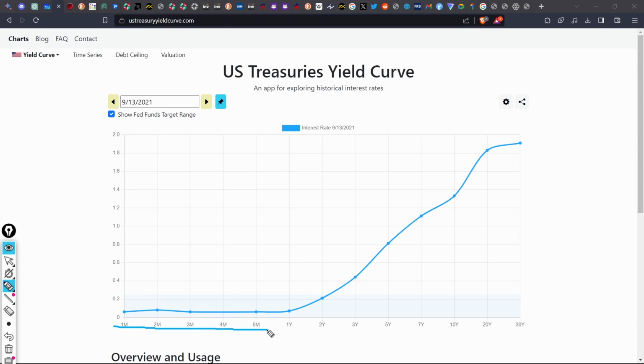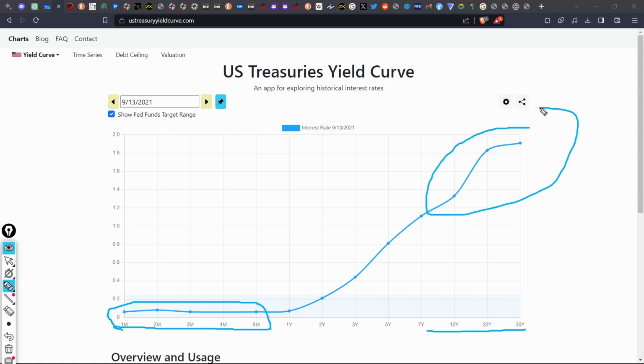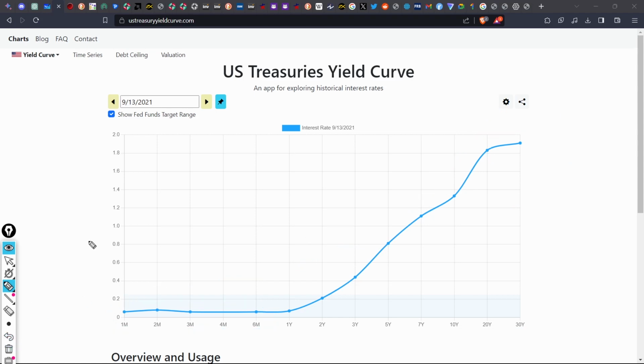The return on these short-term bonds was very low, close to zero, and then the return on these longer-term bonds was very high, the highest. So you can see it's an exponential growth curve. And that's how a yield curve is supposed to look normally. This is the normal yield curve, how it was 2 years ago. In a few we're going to explain why it shifts. Moving on.